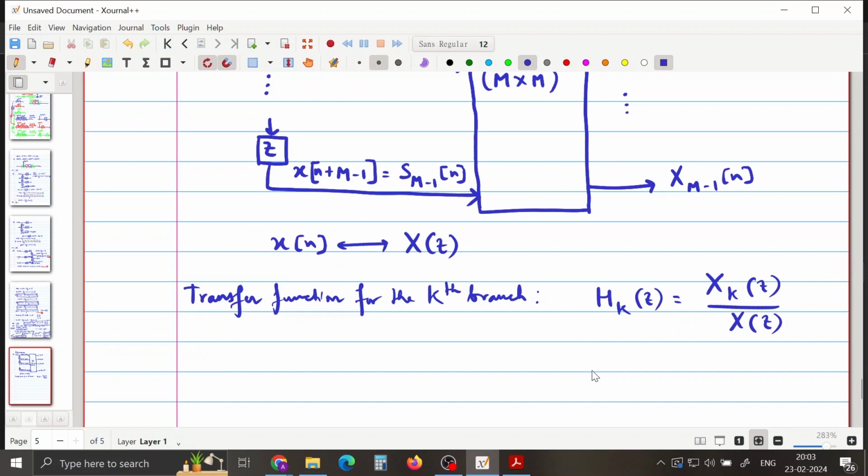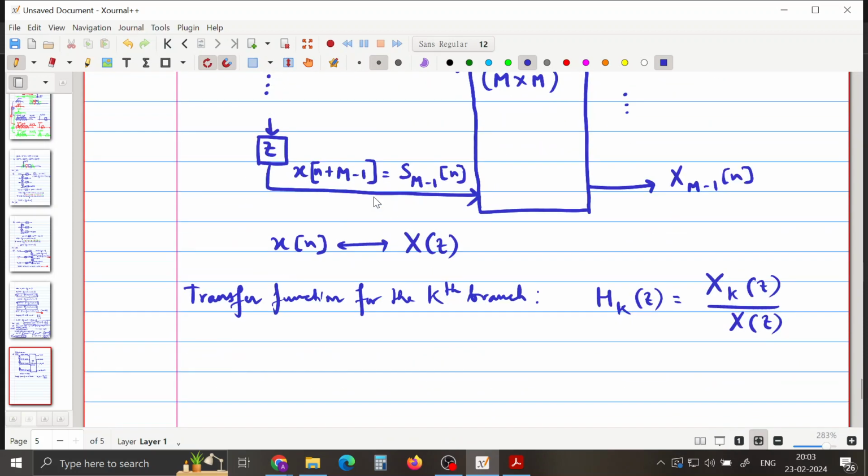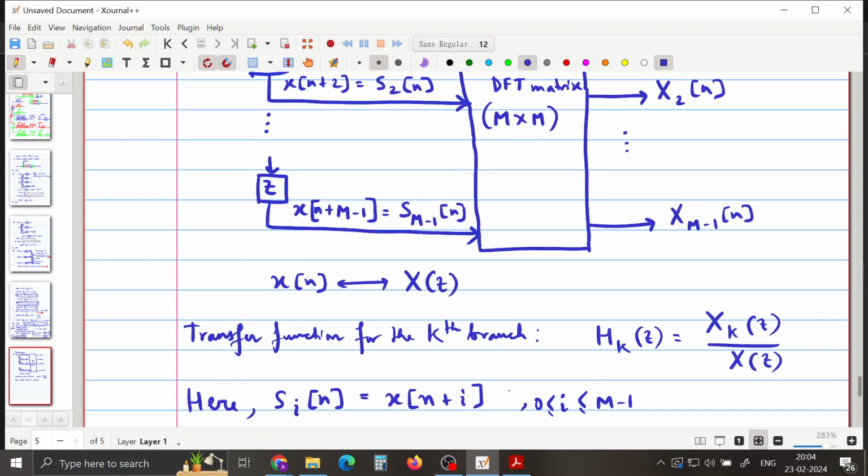Now you see, I have used this S0, S1, Si of n, right? The relation between Si of n and x of n is as follows. I have already mentioned it, but I'll write it again. Si of n is nothing but x of n plus i, and i runs from 0 to m minus 1, corresponding to the m branches.